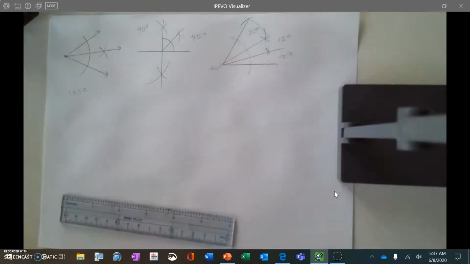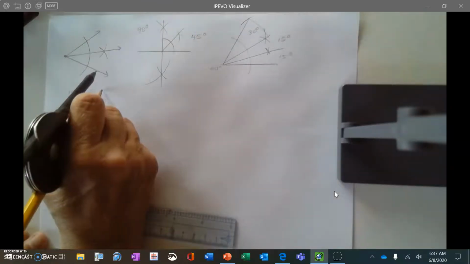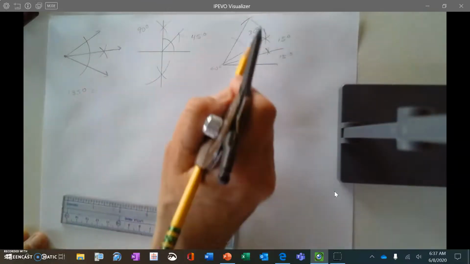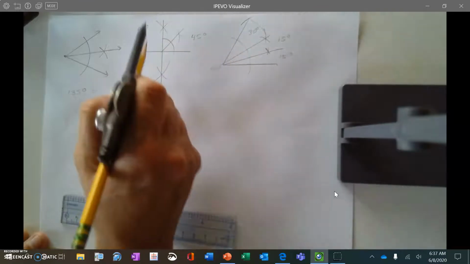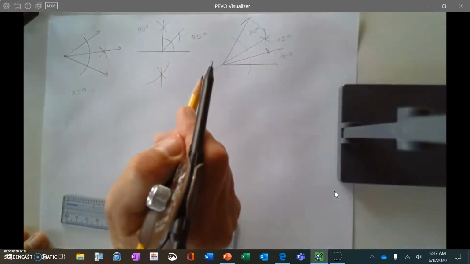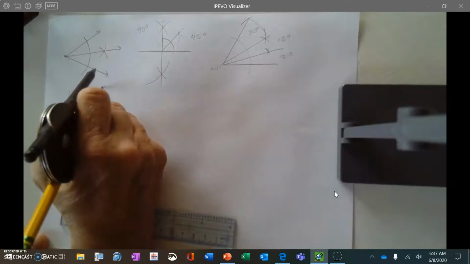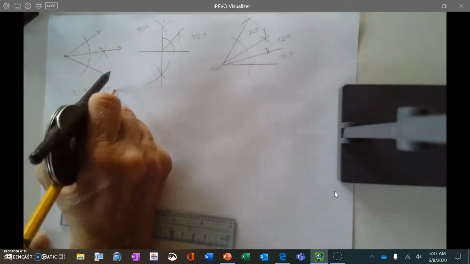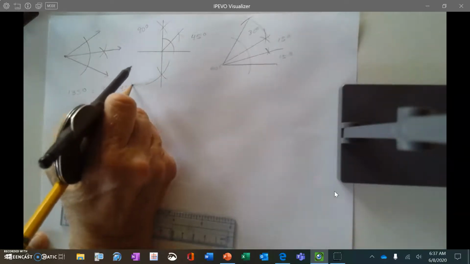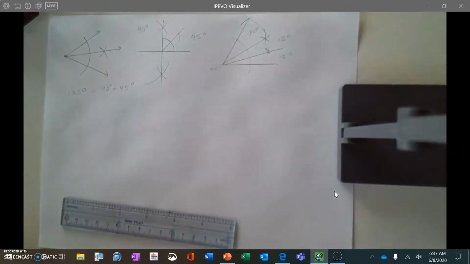To do that, I take these numbers and see if I can come up with something that adds up to 135. I say, well, I have 90 plus 45. Those would add to be 135.